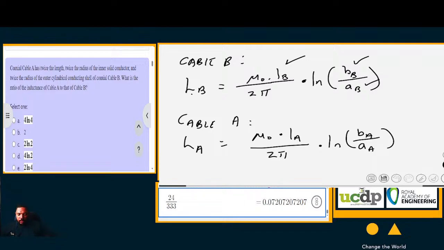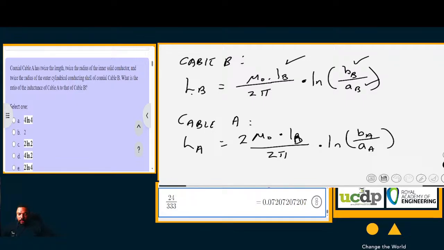For cable A, we know that the length of cable A is twice the length of cable B. So we can write the length of cable A in terms of cable B, as 2 times the length of cable B. Okay, so 2LB is equal to LA.